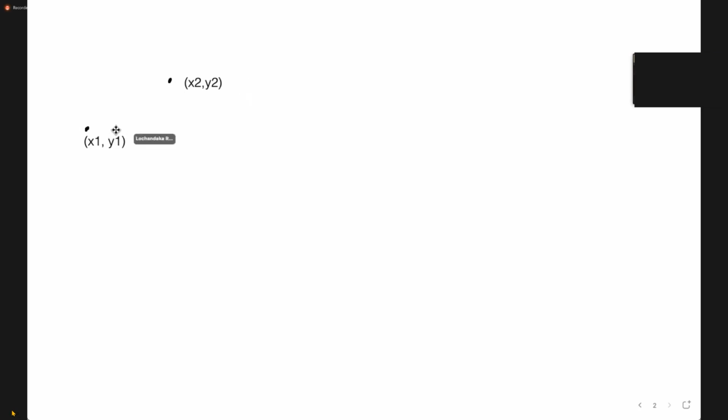So, in between, we have to find what are the pixels available. Now, one thing we can definitely calculate is their slope.